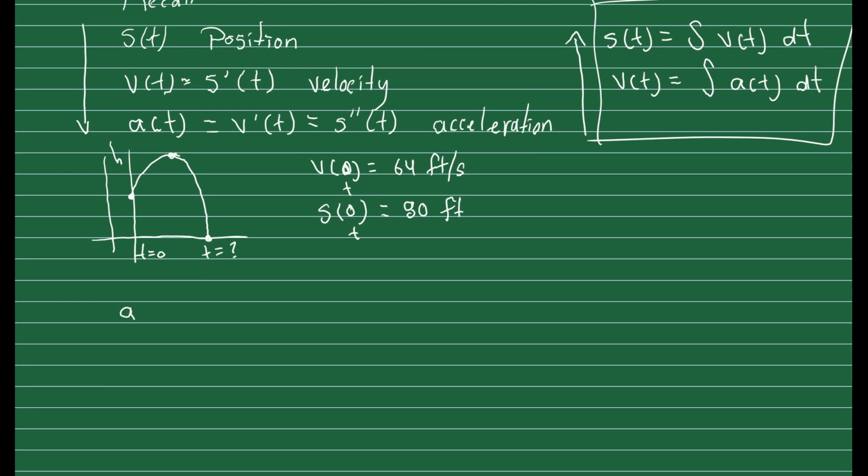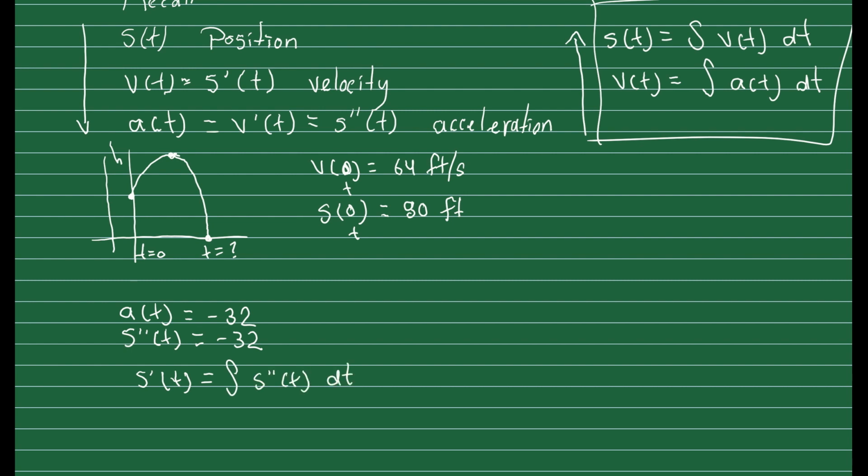We know that the acceleration of an object is equal to negative 32. This is the acceleration. Well, what is acceleration? Acceleration is nothing but S double prime of t, and this is equal to negative 32. We know that S prime of t is equal to the integral of S double prime of t dt.